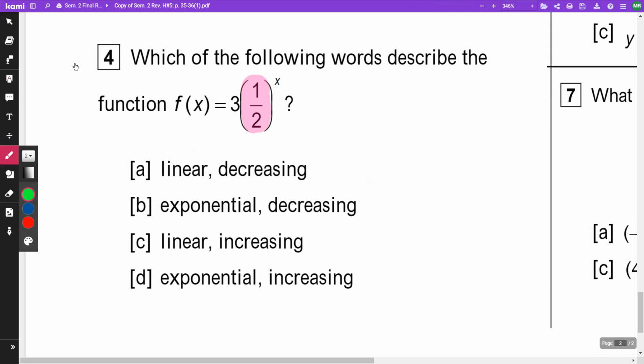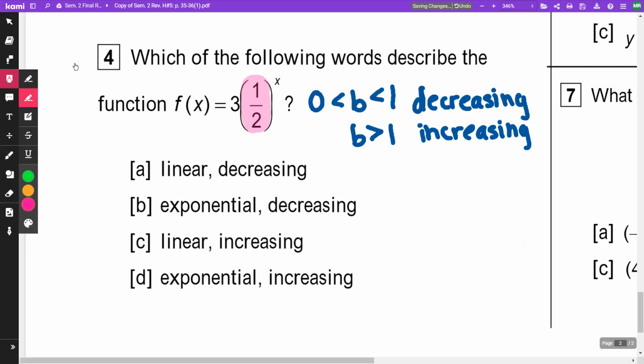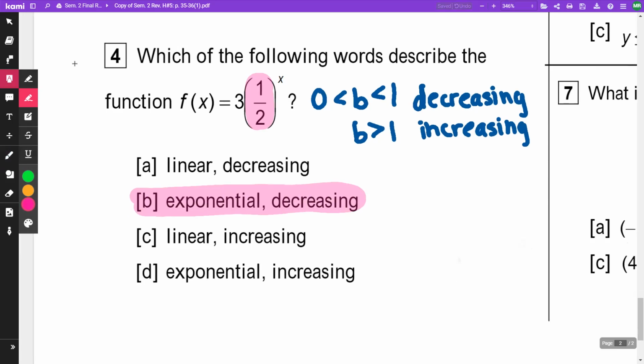So since our B is less than 1, basically since it's between 0 and 1, this is going to be decreasing. If our B or our multiplier was greater than 1, then that would have been increasing. So this is going to be decreasing, and it is exponential. So B, exponential decreasing.